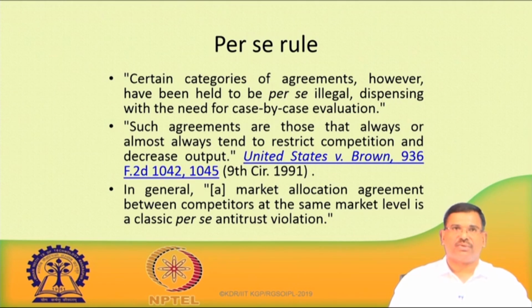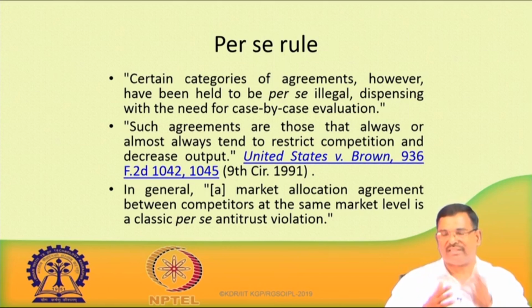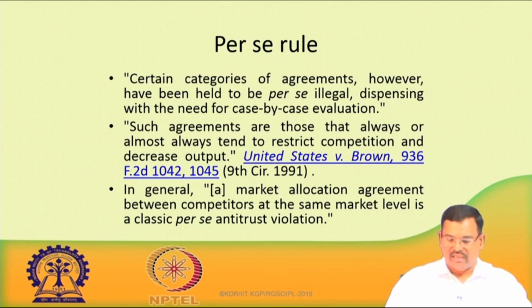Conditions that always tend to restrict competition are per se illegal in nature. With reference to United States vs. Brown, another case, the court very clearly said that if restrictive provisions are there, then the per se rule will be applicable, and a market allocation agreement is per se illegal.